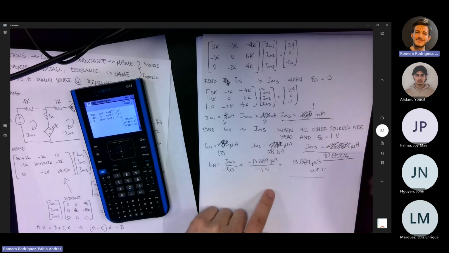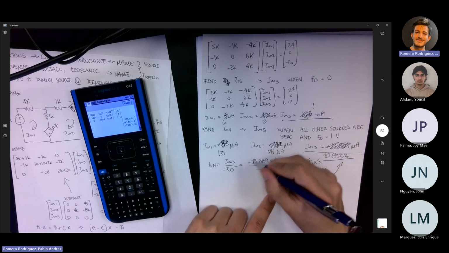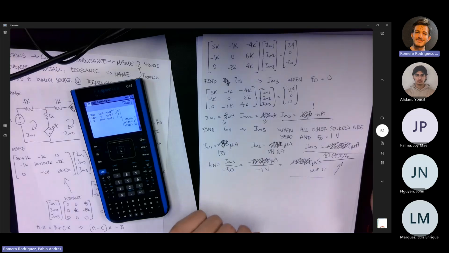So it should be that one instead. Get rid of this. It's still a considerable difference.